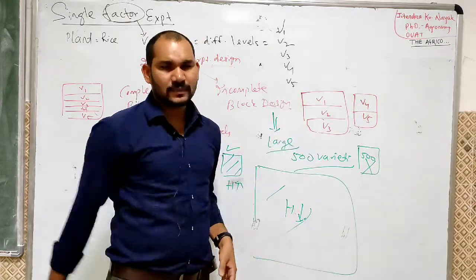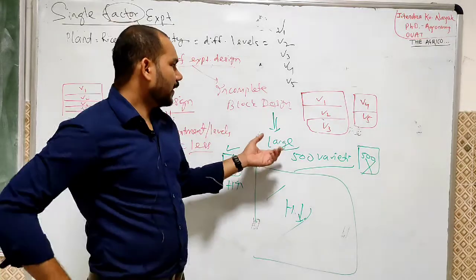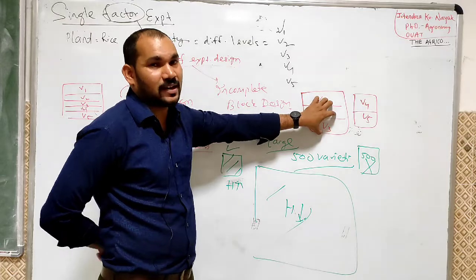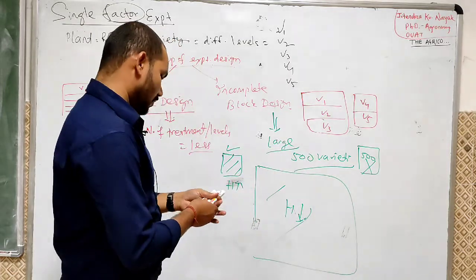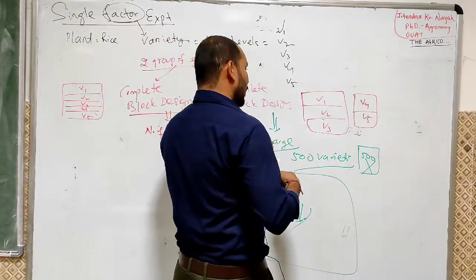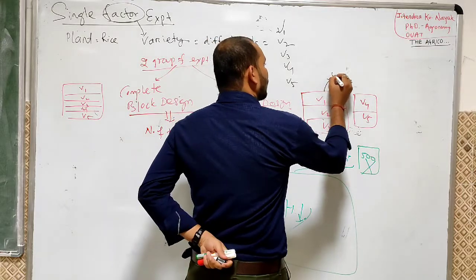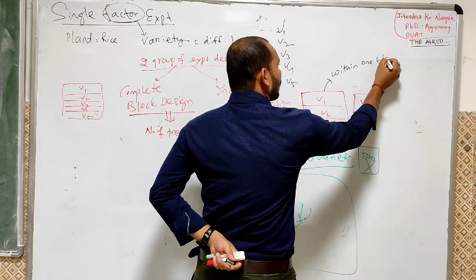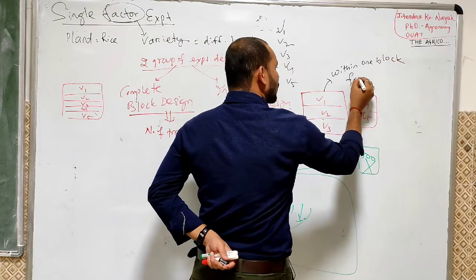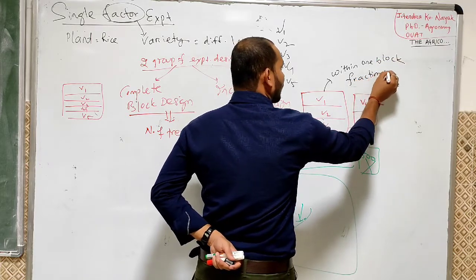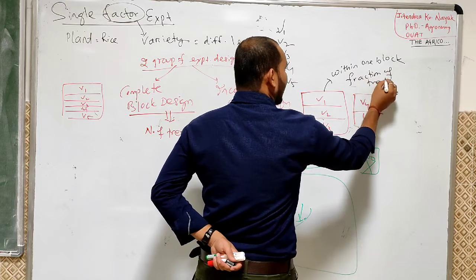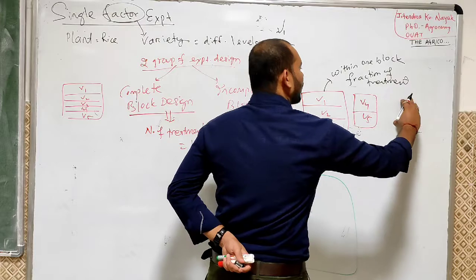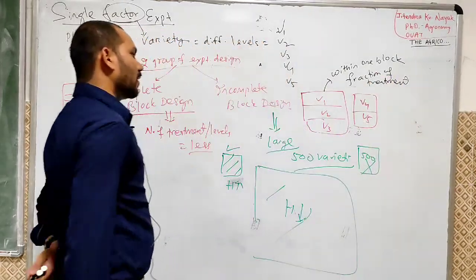So in incomplete block design, within one block a fraction of the treatments is there. Here some fraction, here some fraction, here some fraction of the treatments is there.